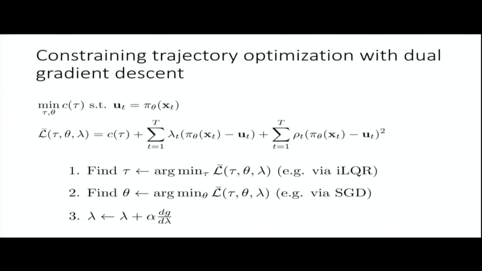Yes. Can you talk a bit about what happens in step 3 if you overshoot on the Lagrange multipliers? Yeah, so as with any gradient descent algorithm, you have to choose a step size. The nice thing is that the Lagrangian is linear in the Lagrange multiplier. So you see that this comes in here linearly, which means that this tends to be a reasonably well-behaved problem, even for a first-order optimization method like gradient descent.